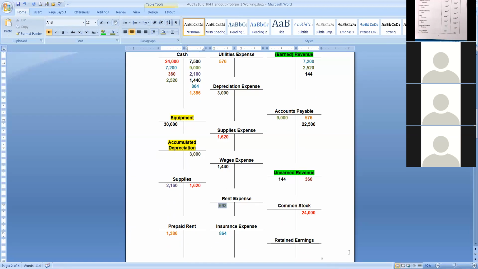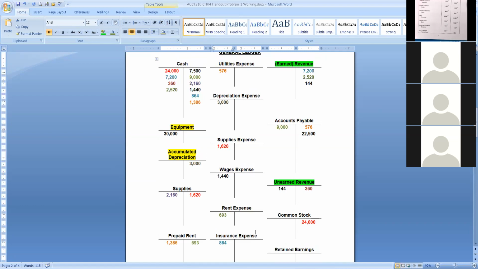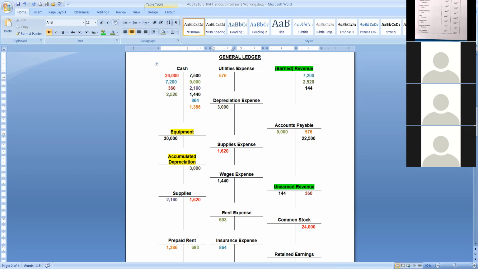And prepaid rent is 693. Green. Okay. So now these are all posted.